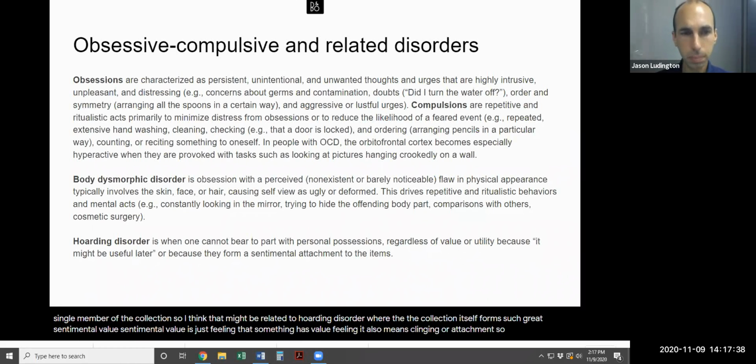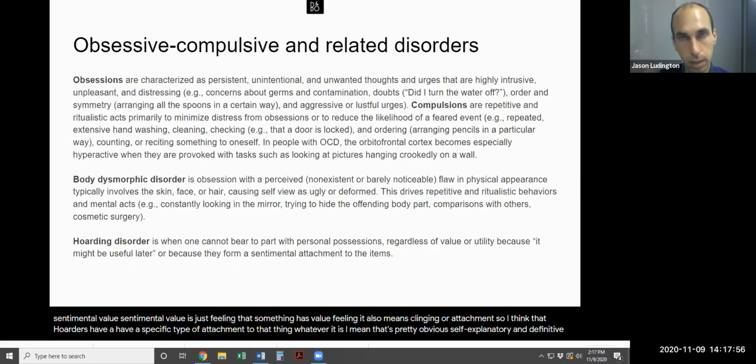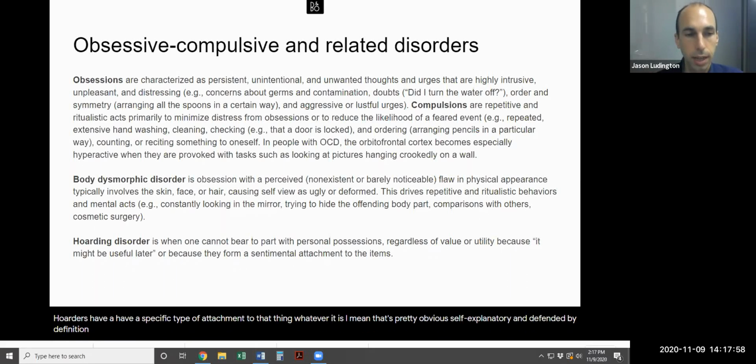So I think that hoarders have a specific type of attachment to that thing, whatever it is. I mean, that's pretty obvious. It's self-explanatory and definite. By definition, hoarders are attached particularly to their sentimental object, whatever it may be.